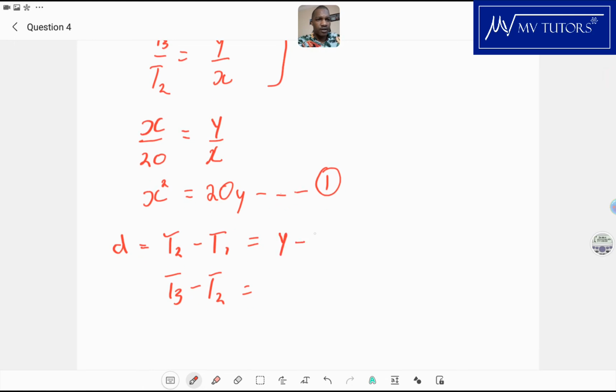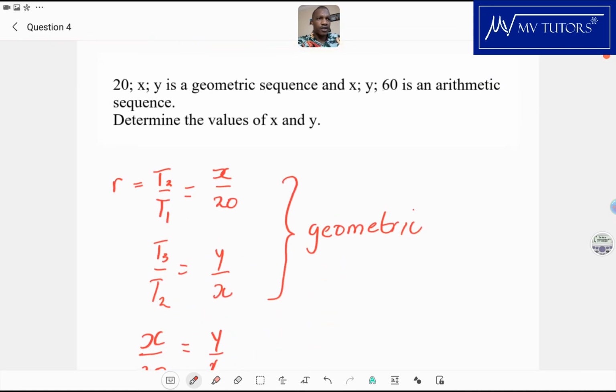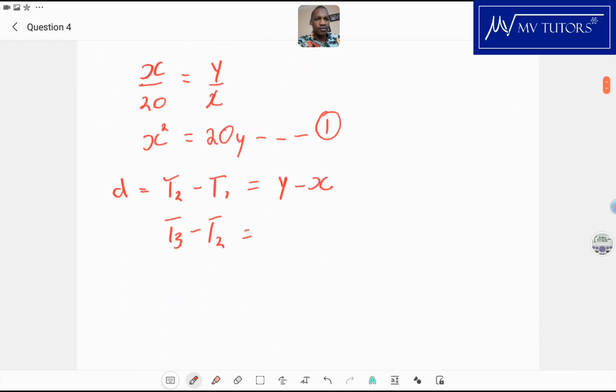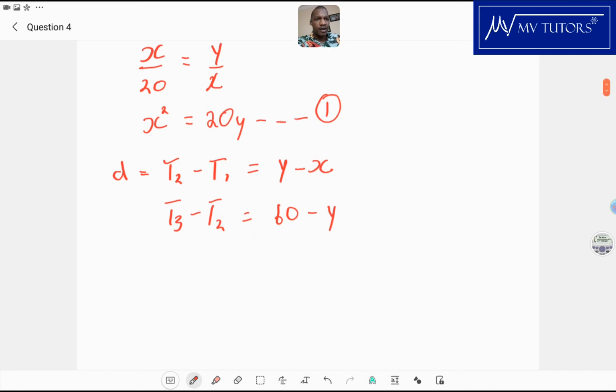So it's y minus x. Term 3, as you can see, is 60. 60 minus term 2, which is y. Now these are arithmetic, so they should also give us the same.